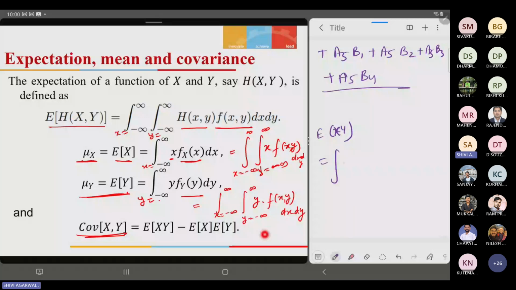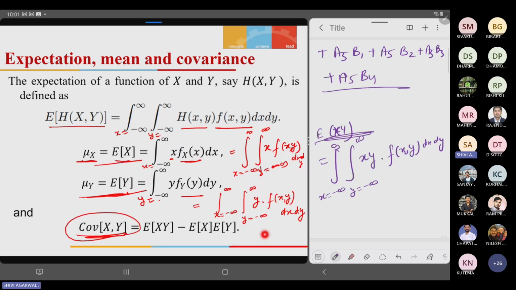Similarly, we can find out the expected value of xy. How can you do it? x from minus infinity to infinity, y from minus infinity to infinity, multiplied by xy and the joint density function, and dx and dy. Okay, so we can find out the expected value of xy, the expected value of x, the expected value of y, then we can calculate the covariance of xy.